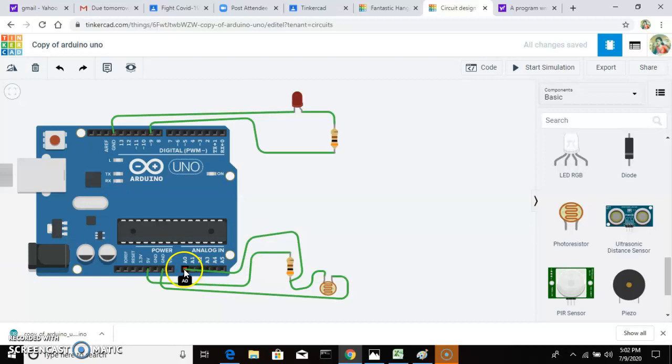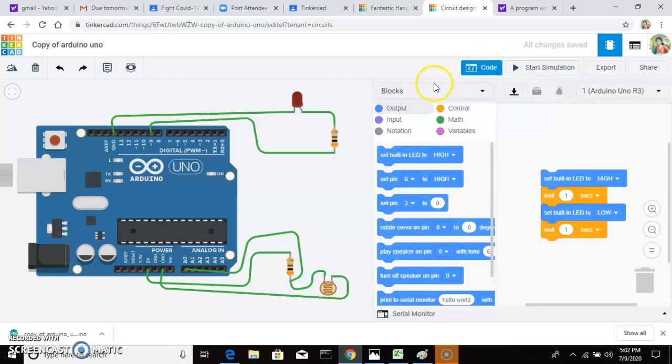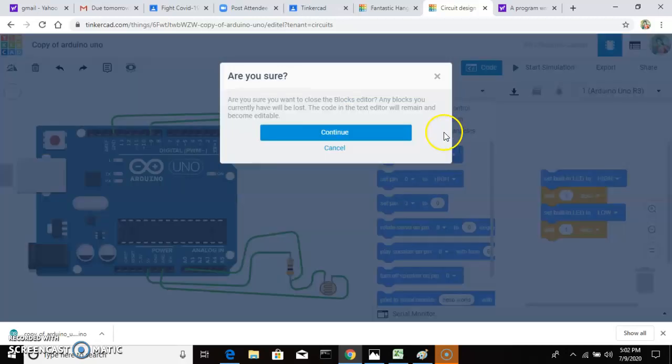It's A0. So this is the circuit. We should write a code for this. So I'm going to write the code only in text, not in blocks.